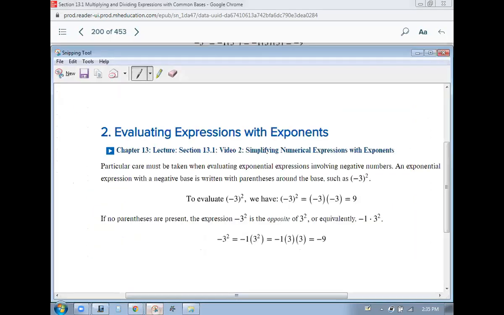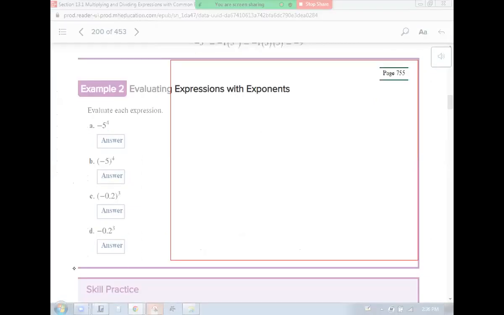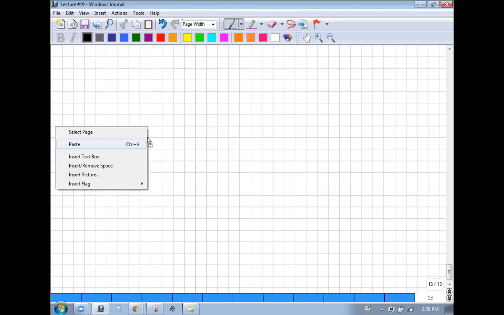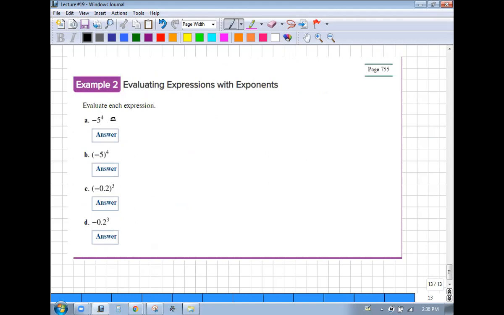Let's work some more examples. So -5 to the 4th, we have a minus sign, and then 5 times 5 times 5 times 5. 5 times 5 is 25, times 5 is 125, times 5 would be, I think, 625.